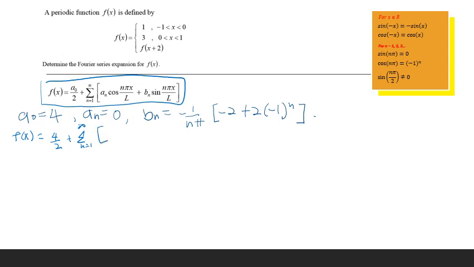We just substitute for bn: 1 over n pi times negative 2 plus 2 times -1 power n. Finished for bn. Then substitute sin n pi x over L. So this is our Fourier series.